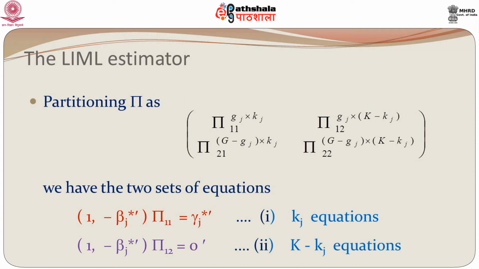So, the first is a set of k j equations and the second is a set of k minus k j equations. Look at the orders of pi.